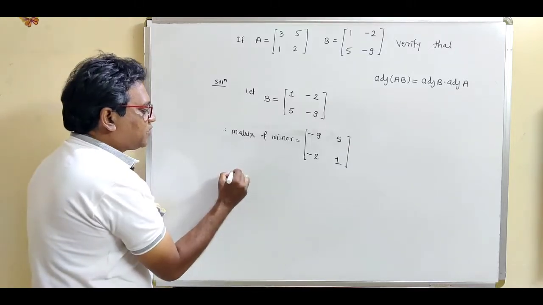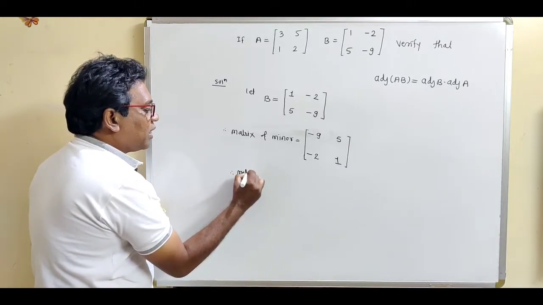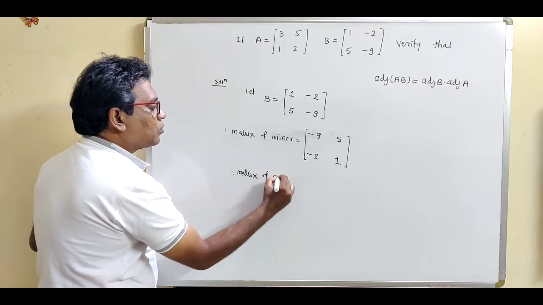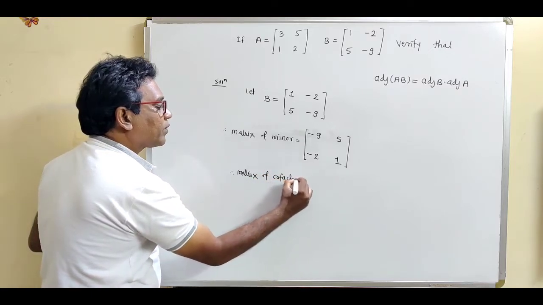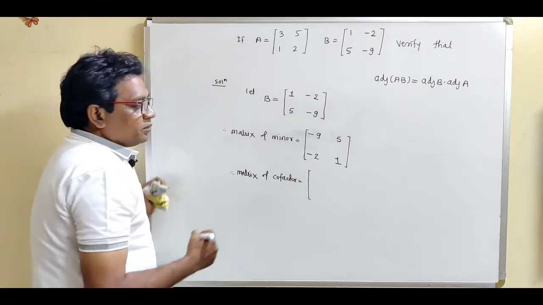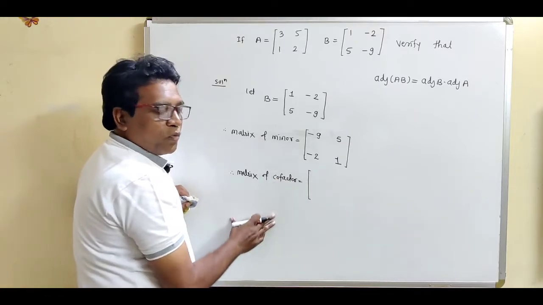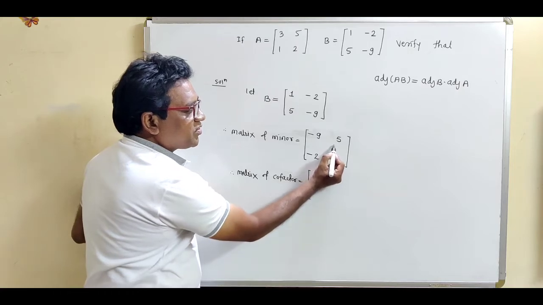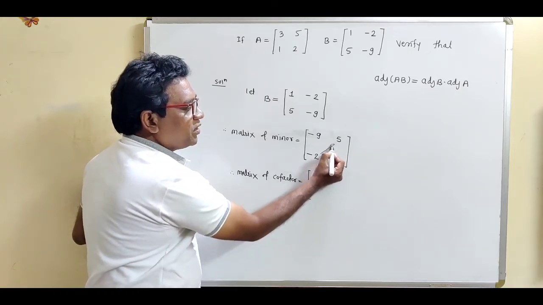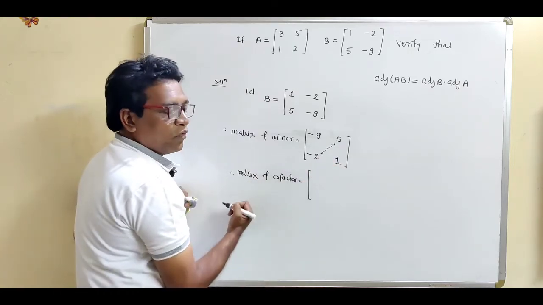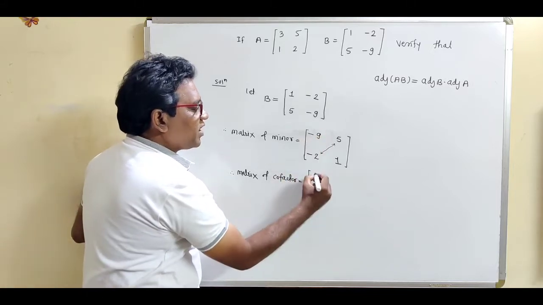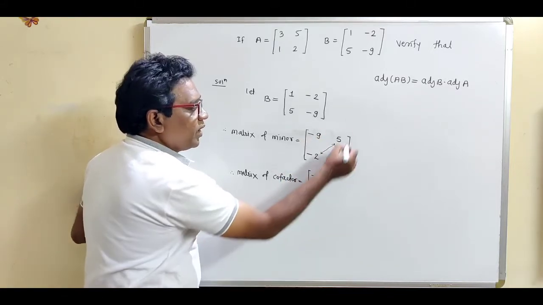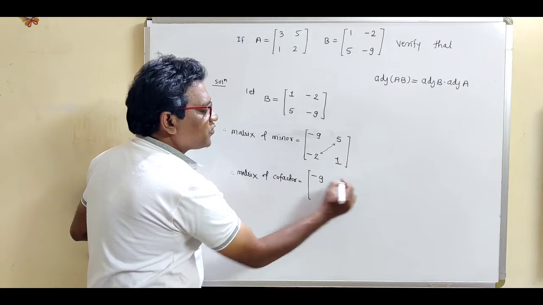Now from matrix of minor, write down the matrix of cofactor. So how to get the matrix of cofactor? In case of 2 by 2 matrix, just change the sign of these two elements. That is the matrix of cofactor. So write down first element as it is, -9. Change the sign means -5.